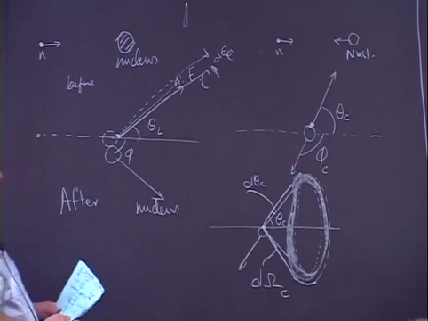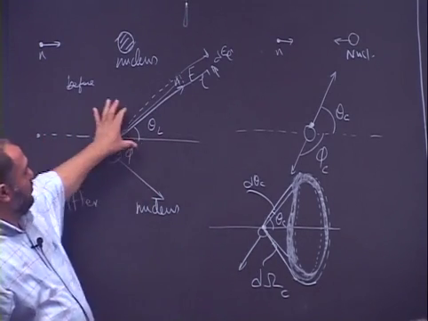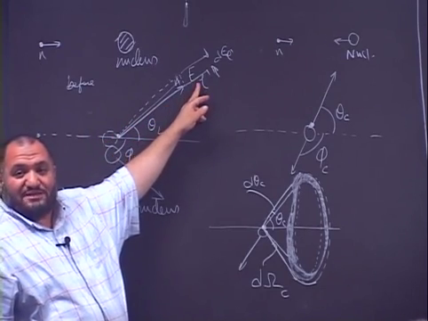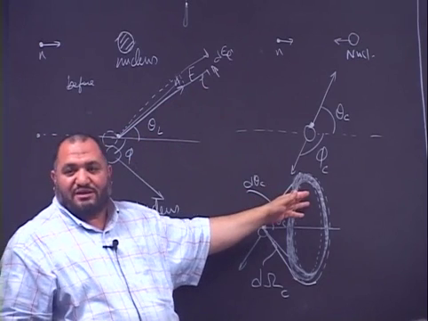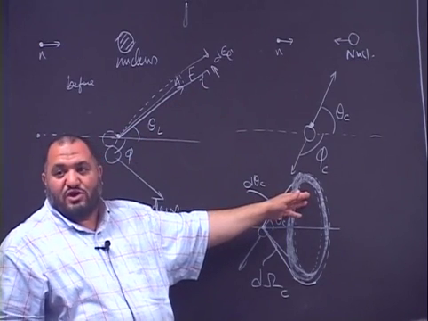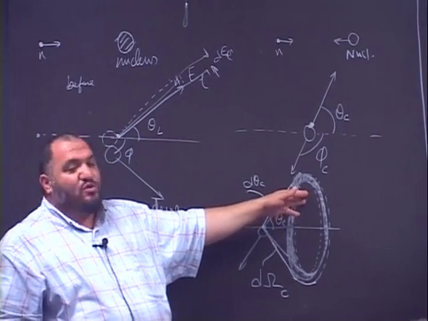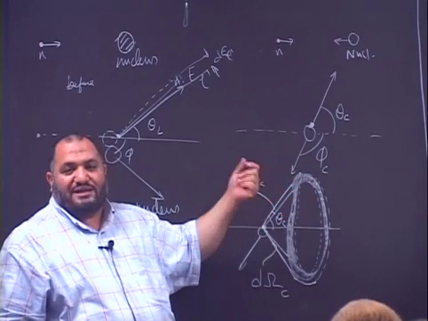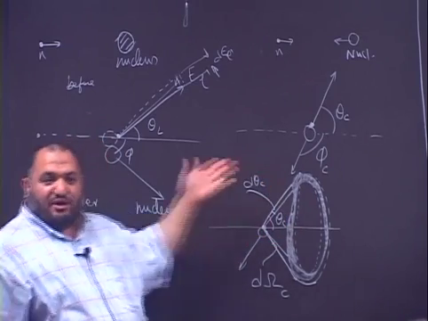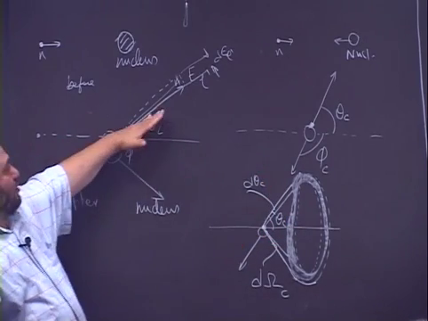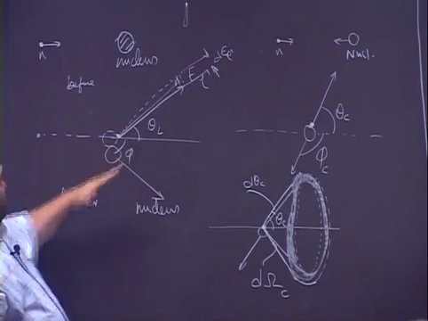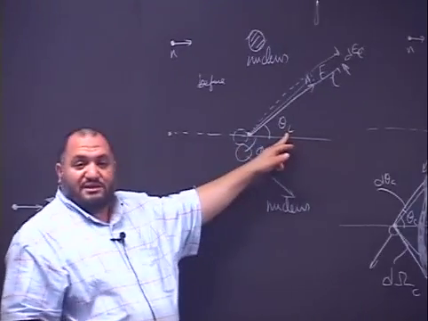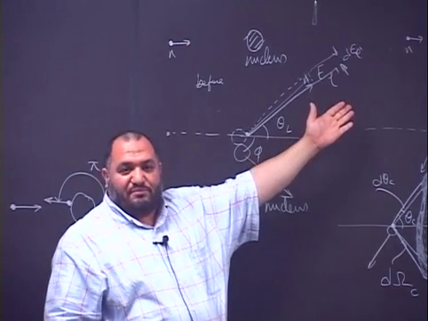So the probability that the neutron will get out within a cone of energy E_L prime in the lab system is the same as the probability that the same neutron will be out in the center of mass within a differential cone of solid angle delta omega_c, because they are correlated. If you are going out in the lab system with an angle theta lab, then you are going out with energy E_L prime.